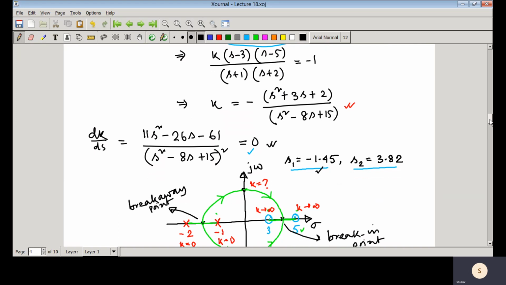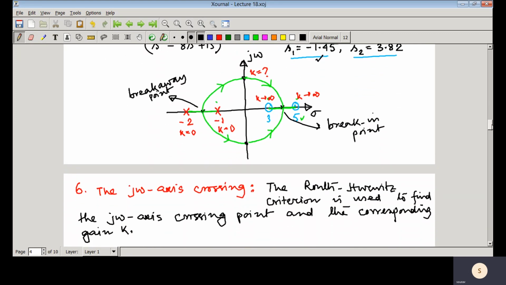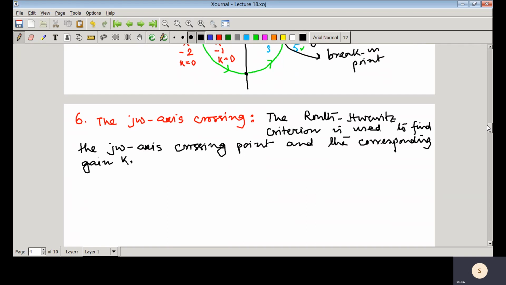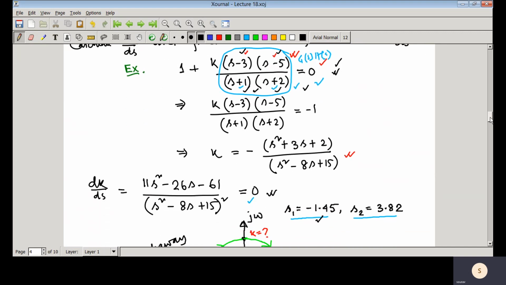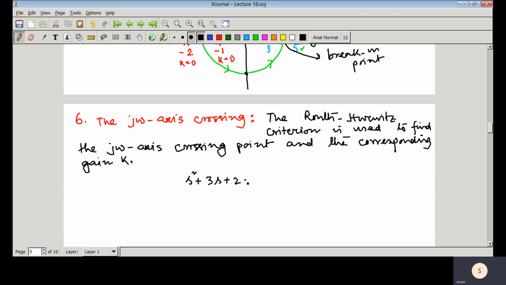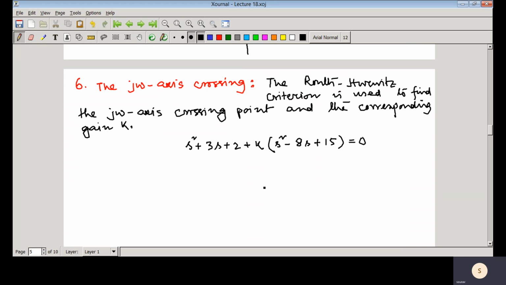If we write the characteristic equation, the polynomial is s square plus 3s plus 2, which we have multiplied, plus K into s square minus 8s plus 15 equal to 0. So this is the polynomial for this particular problem.